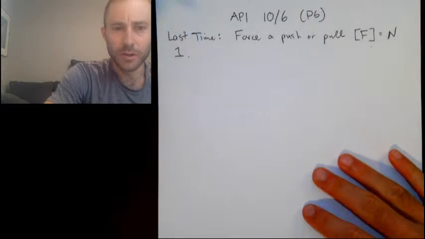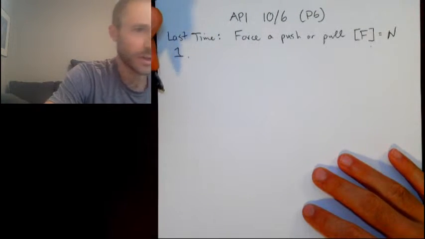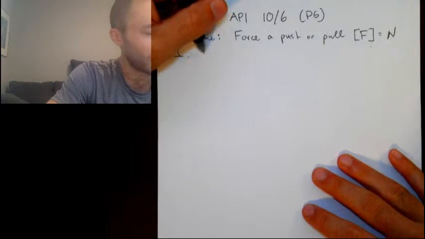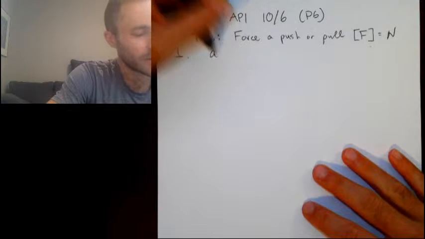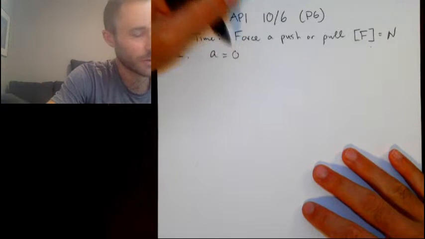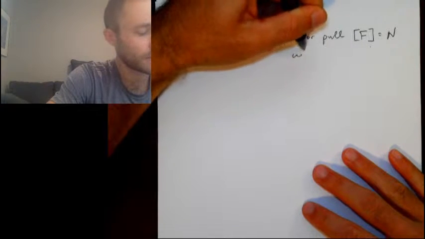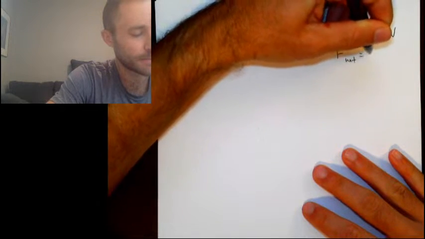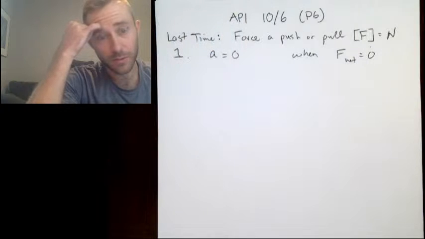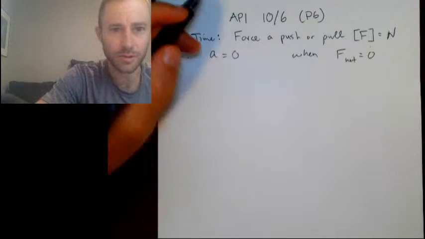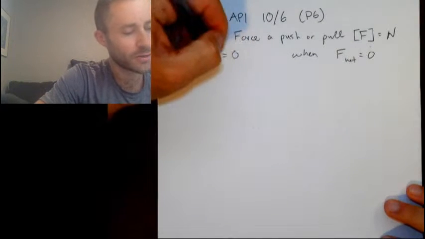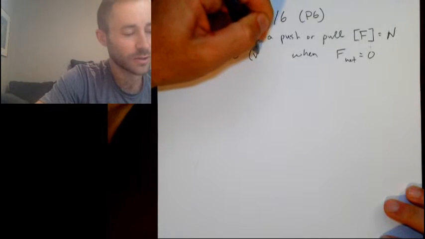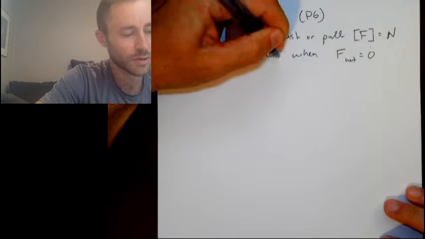So we learned a more mathematical way of stating that, and the mathematical way of stating that is that the acceleration is 0 when the net force is 0. Okay, so if there's no net force, then the acceleration is going to be 0. Acceleration being 0 is another way of saying that the velocity is not changing. The velocity is a constant.